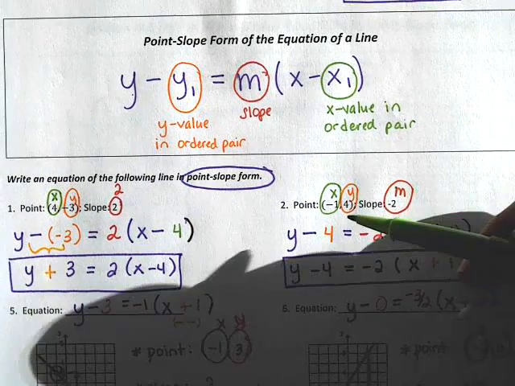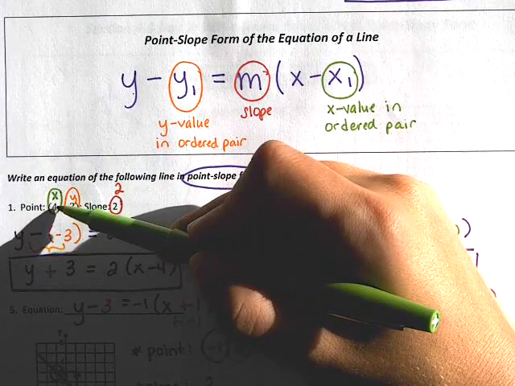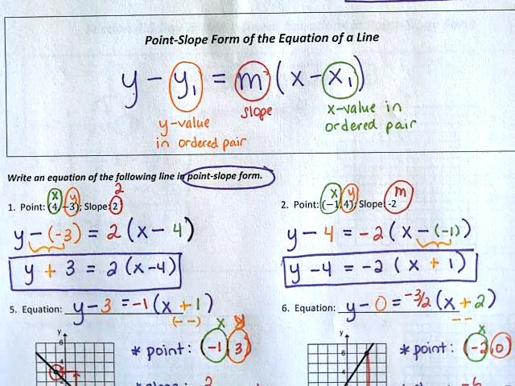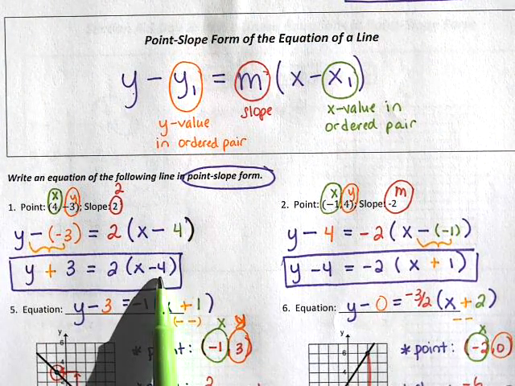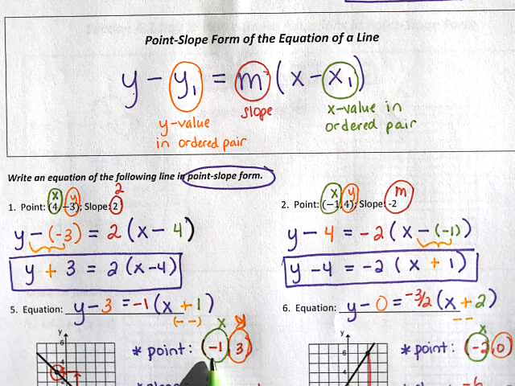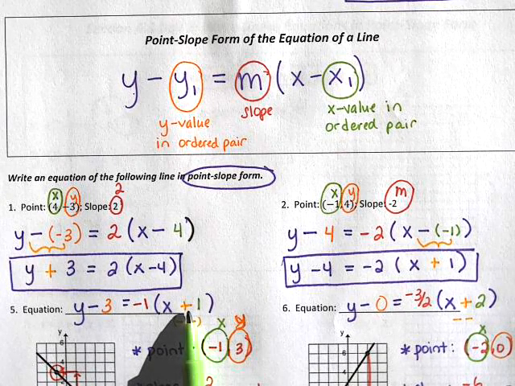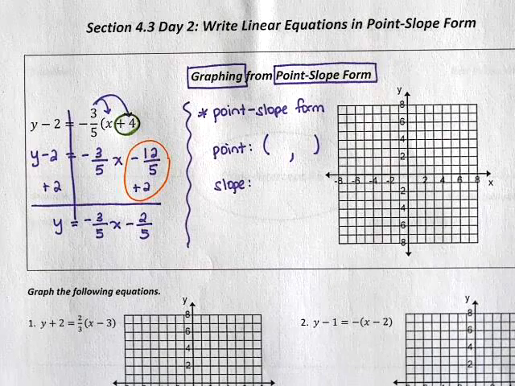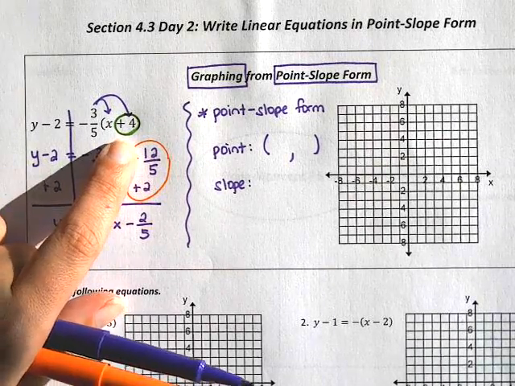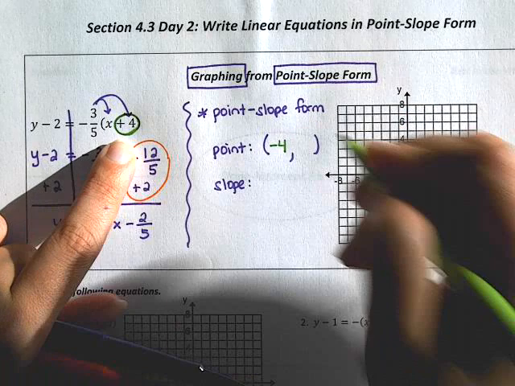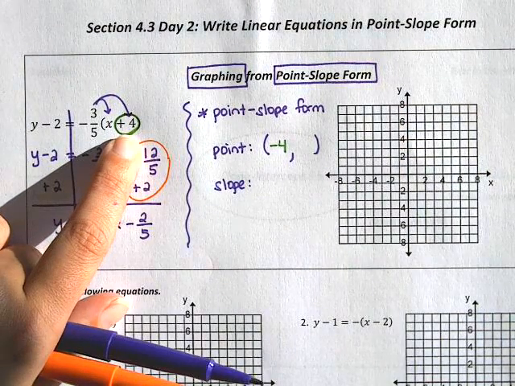When you take a positive number and you plug it in, like this 4, it stays negative. So positives look like negatives, and negatives look like positives when you write the final equation. That means that even though this looks like a positive 4, it's actually going to be a negative 4.